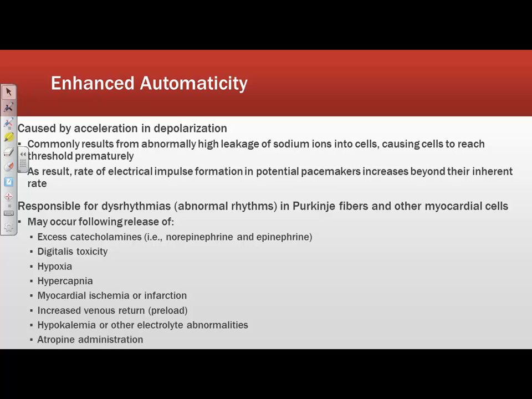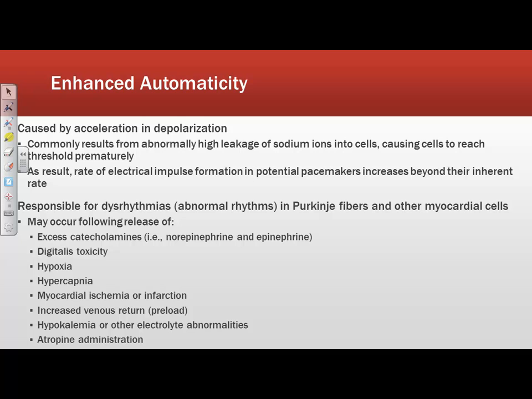So all that I'm saying right here is that you may start seeing complexes. You may start seeing things on the monitor that are not a normal QRS or a normal sinus rhythm. These are ectopic foci.